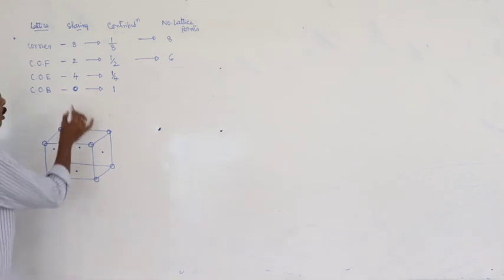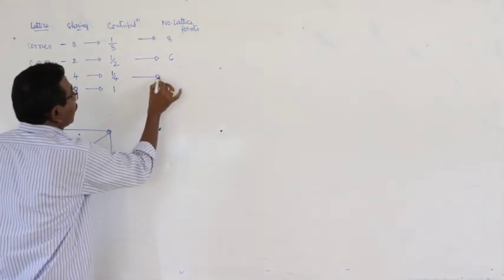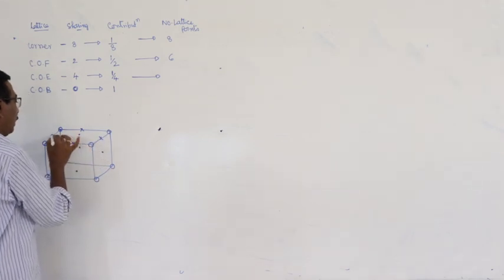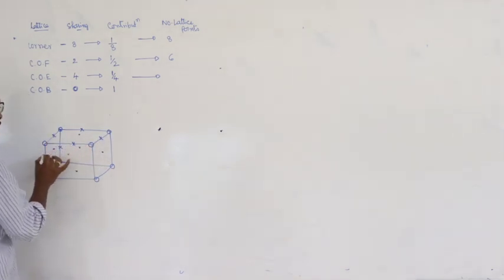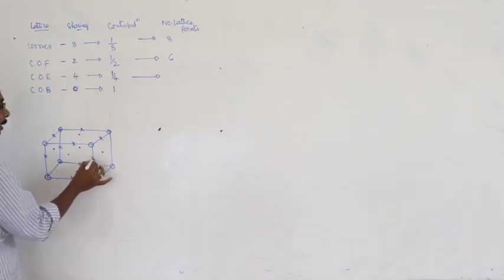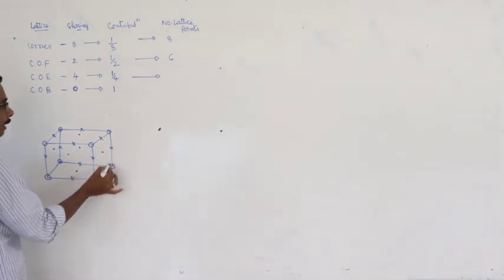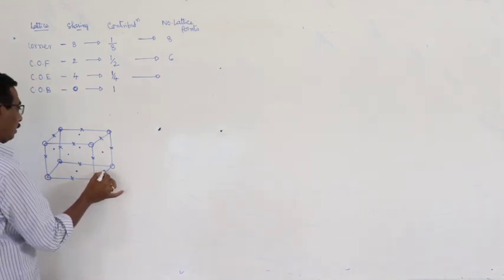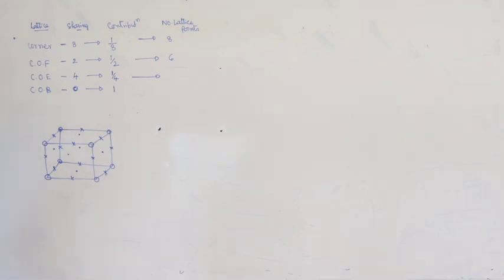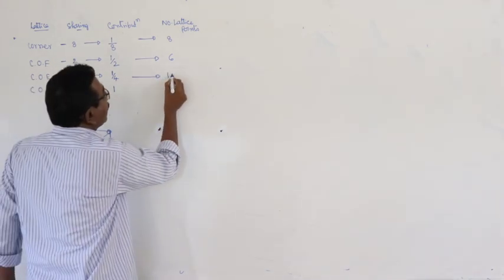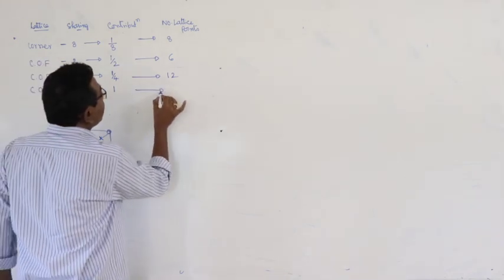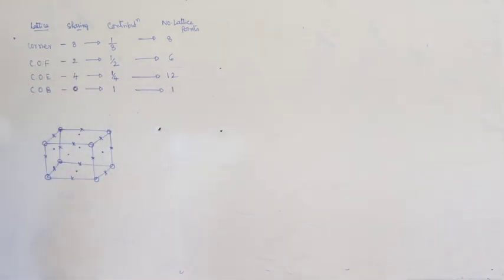And next one, how many center of edges are there? Center of the edges, 1, 2, 3, 4, 5, 6, 7, 8, 9, 10, 11 and 12. Total number of center of edges is equal to 12. Total number of center of bodies is equal to 1.